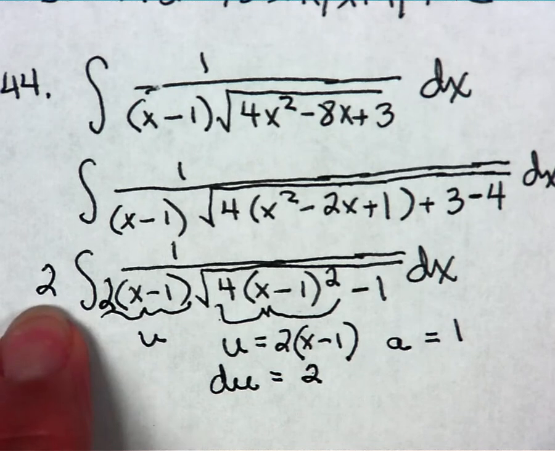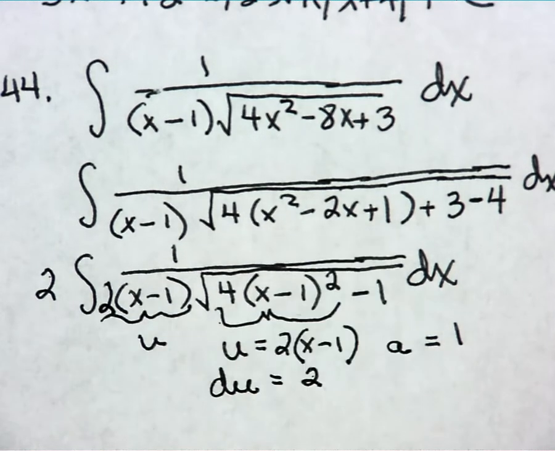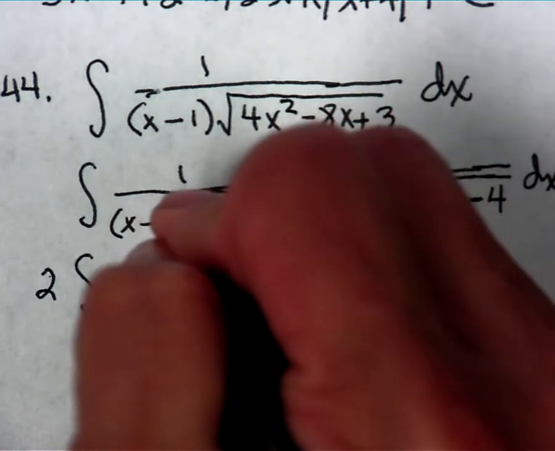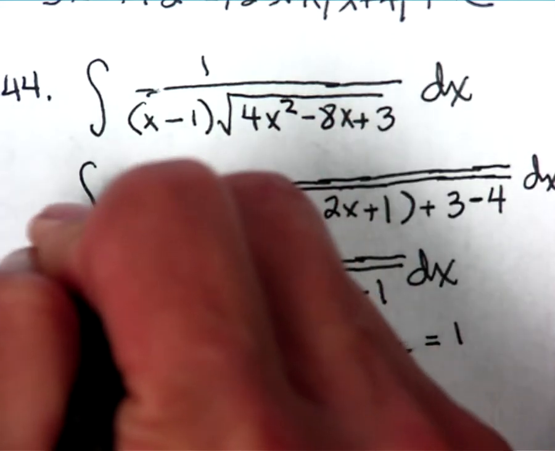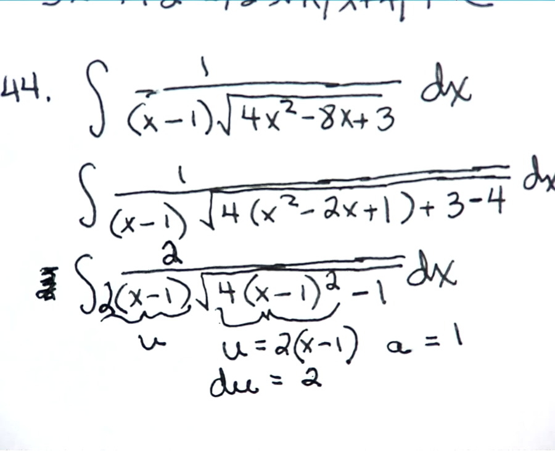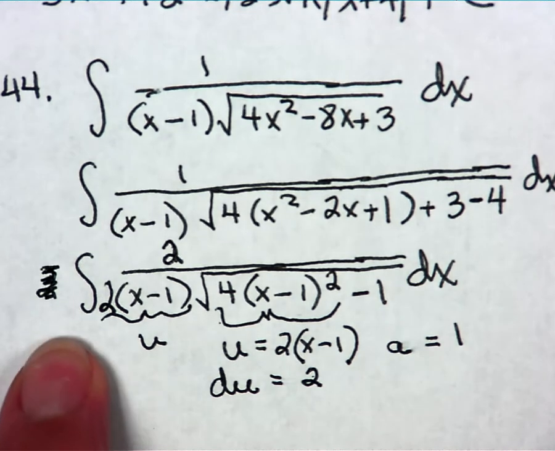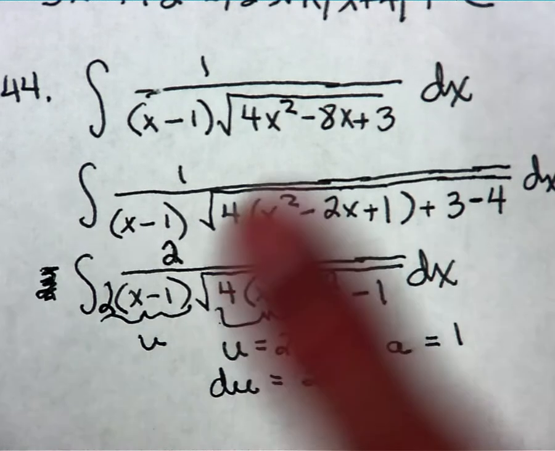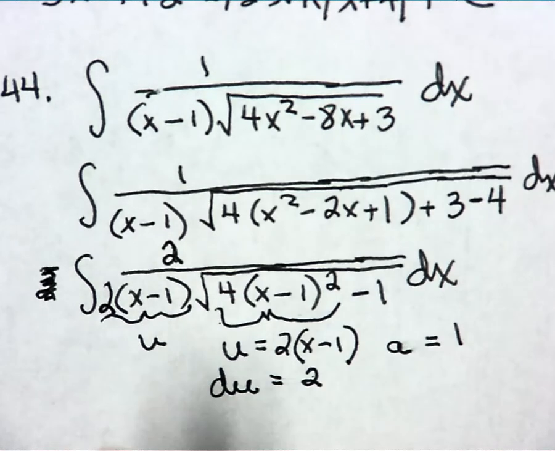Can I just put that 2 back in the numerator? Would it be equivalent to the line above it if I did? Yeah, it would. That's legal because it's equivalent to the line above it. And now, sure enough, I have du over u times the square root of u squared minus a squared.